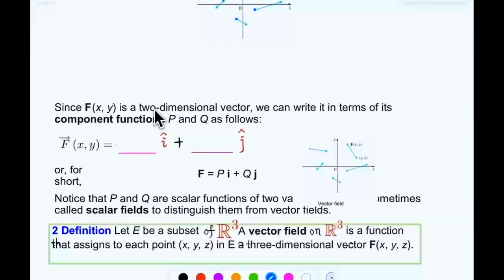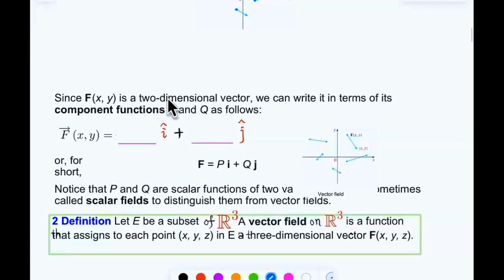Now, since the vector field is two-dimensional, remember it maps a point in R2 to a vector in R2, right? So this indicates a two-dimensional vector.